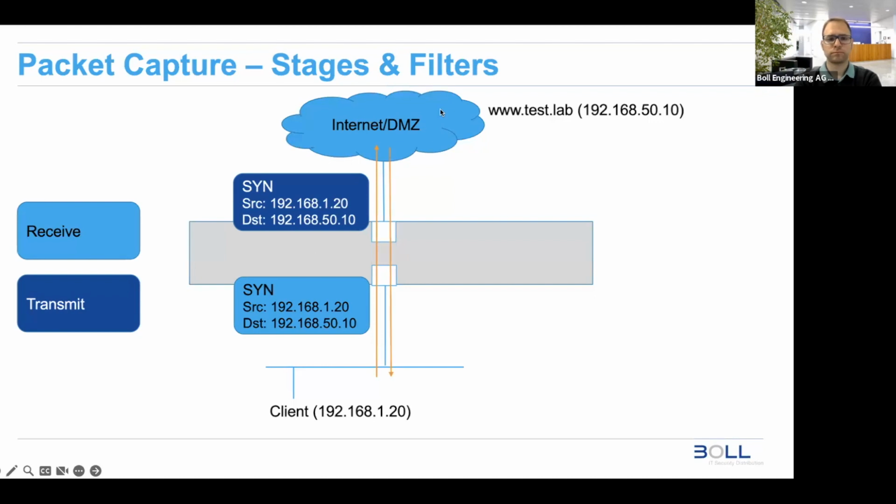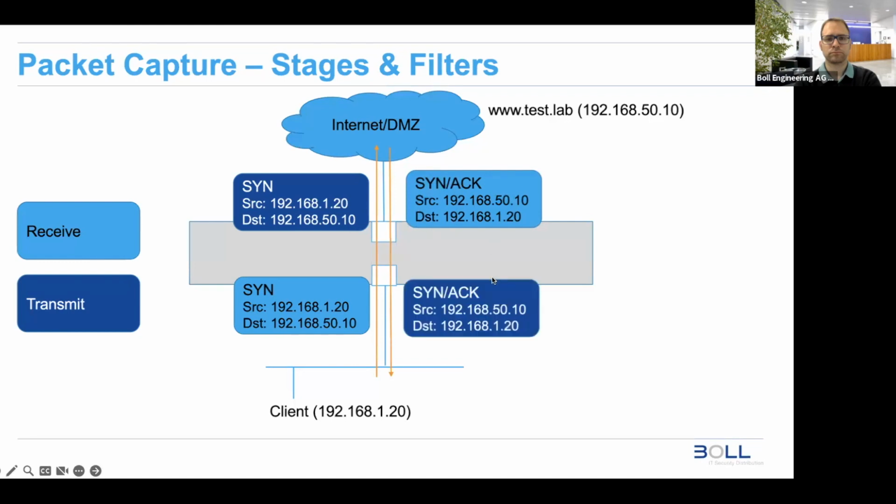Now the reply traffic, the SYN acknowledge, is received on this outgoing interface, which is now the incoming interface from a packet perspective. So now the receive stage is capturing this packet, and the transmit stage is capturing the outgoing SYN acknowledge, and so on.